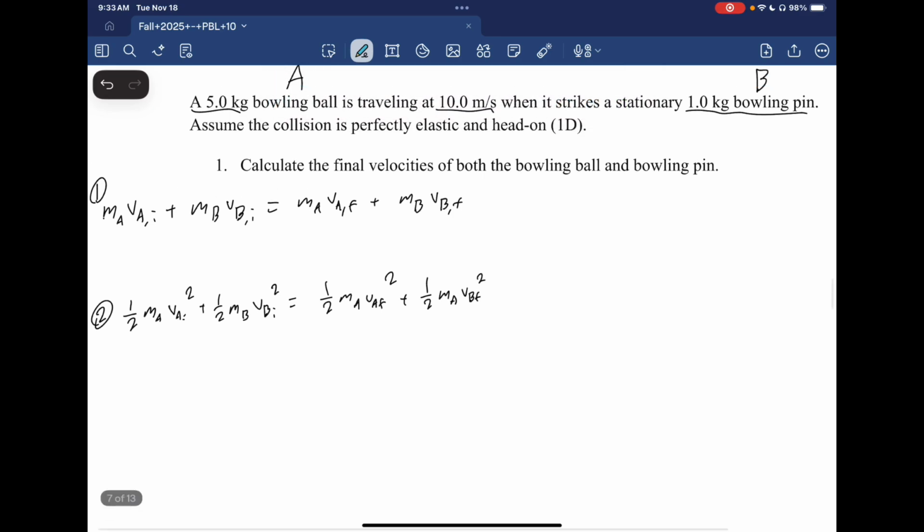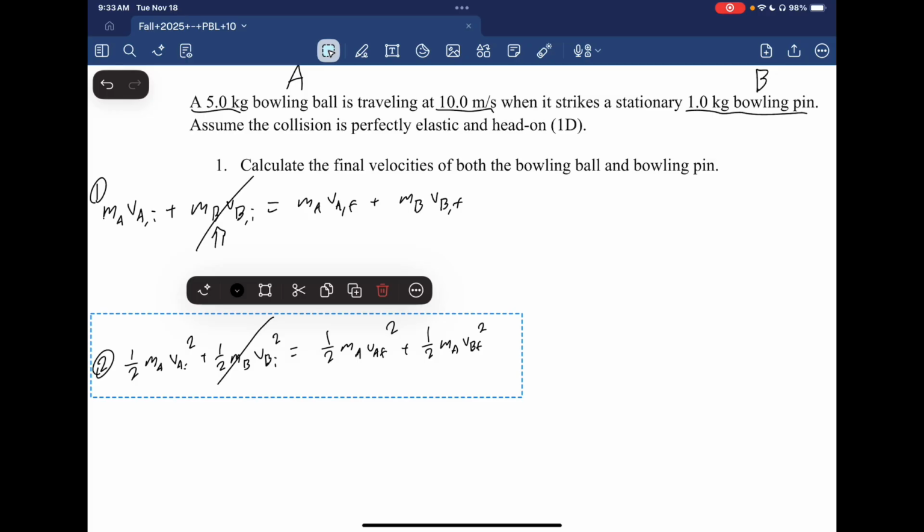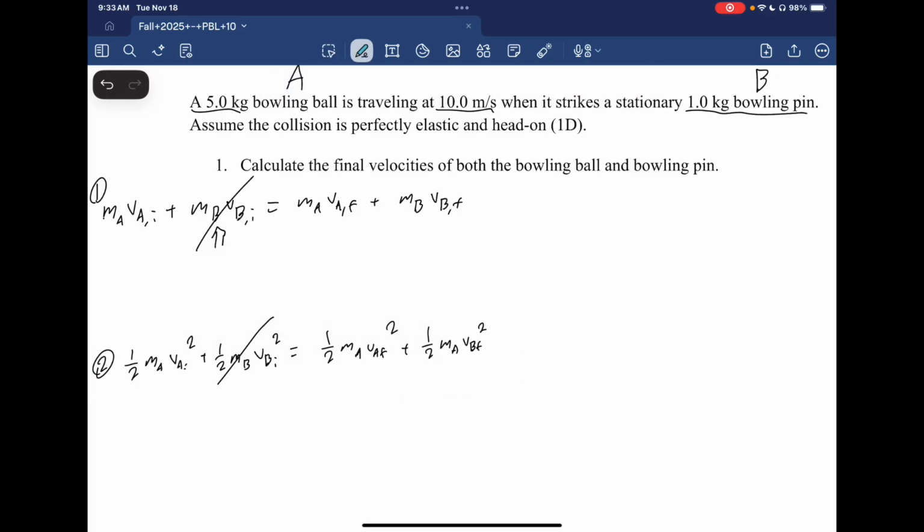And we can already start plugging in values and getting rid of things. For example, we know that VBI is 0 because the 1 kilogram bowling pin we can assume is at rest initially. So this is 0, and then equivalently, this one down here is 0. Plug in the rest of the values.